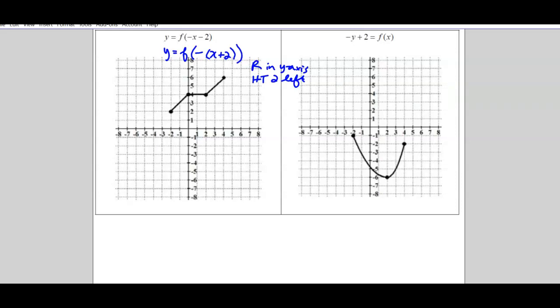Negative 2 becomes positive 2, and then to the left gets you here. This point reflects in the y-axis, stays, and then we're going to the left. This reflected in the y-axis becomes negative 2, and then we're going to the left. This reflected in the y-axis becomes negative 4, and then to the left.